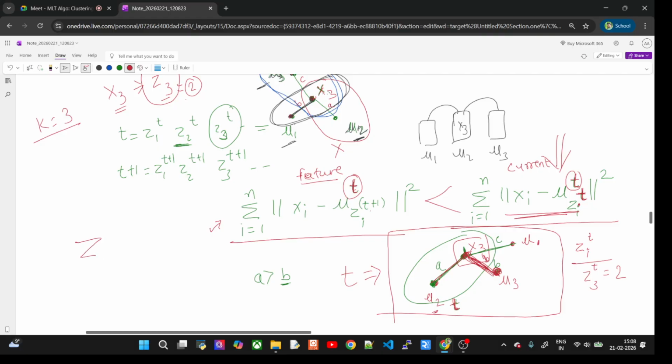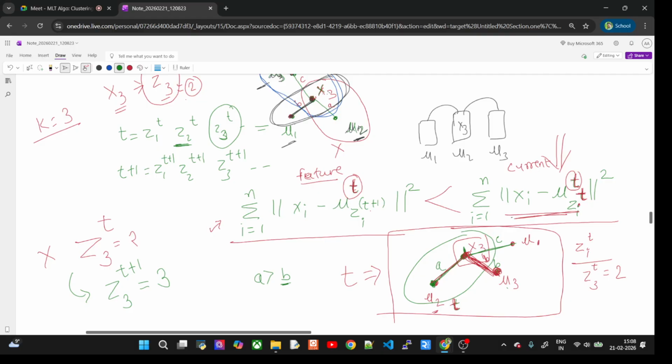So x3 is telling, I am now at iteration t, I am having a value equal to, as I mentioned, 2, and he is not happy with that. He is saying once I go into the future, same x3 in the future, t plus 1, I will go to another group, maybe 3. He is the same guy but thinking about the future.